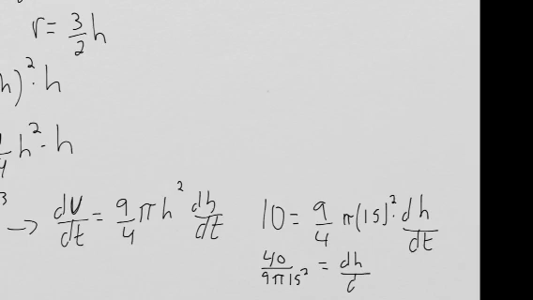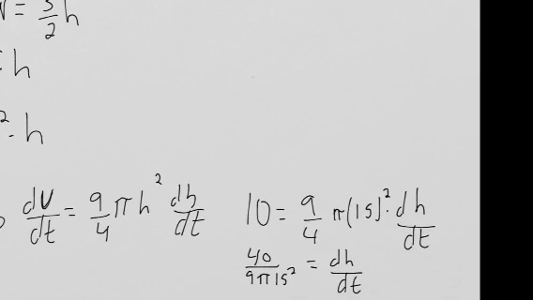So we just have to simplify this now. So 15 squared is 225. So then we have 225 times 9 on the bottom, which is 2025 pi. So this equals 40/2025 pi.